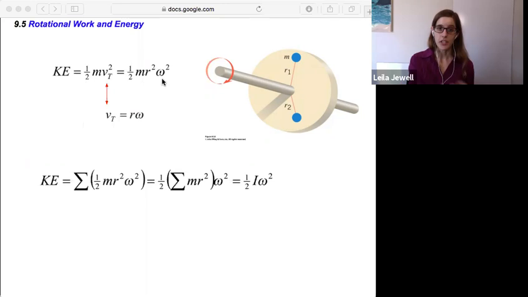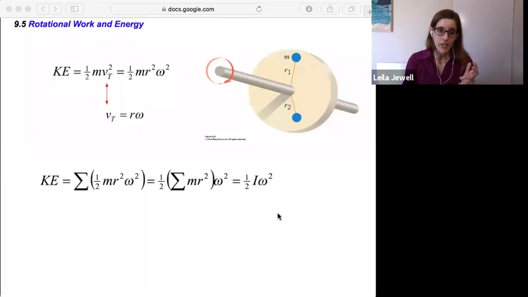This is what it would be for a single object that is rotating, right? That is traveling around in a circle. What if we want it to be a full rigid object, like something spinning on a point, like they show with this disk here that is rotating? Well, then we need to consider the contributions of a bunch of masses, all the little masses that are at various distances. So once again, we would go to a summation notation. We would sum up the 1/2 m r squared omega squared, the kinetic energy contribution of each of these point masses.